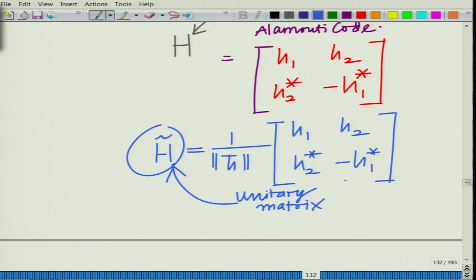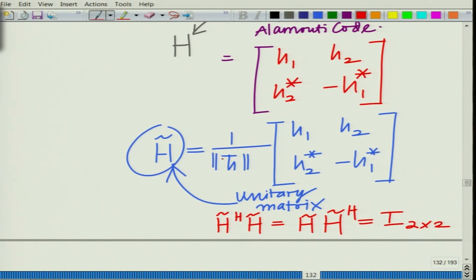You can easily show this matrix H tilde is a unitary matrix, that is H tilde Hermitian H tilde equals H tilde H tilde Hermitian equals the 2 cross 2 identity matrix.